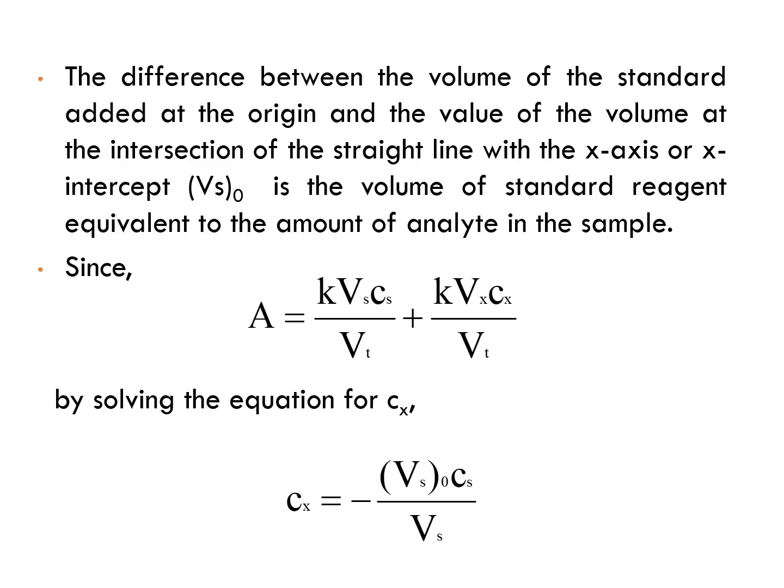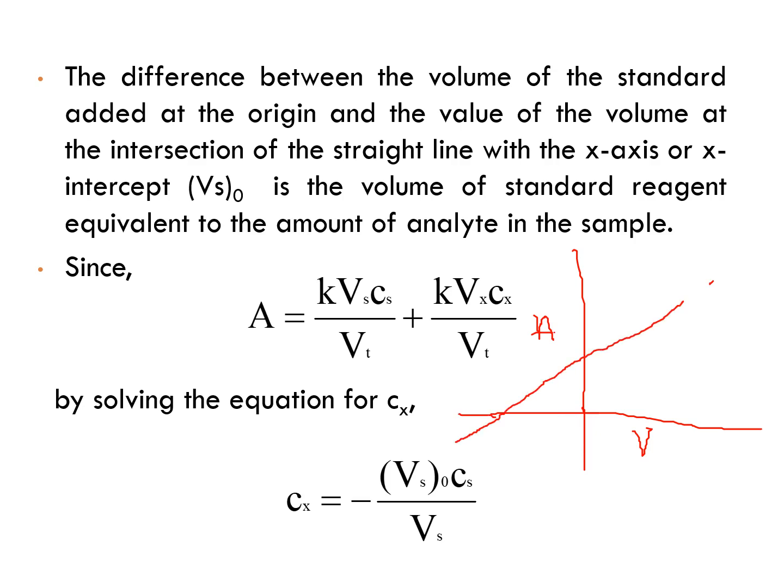Okay, then another thing ni adalah untuk multiple addition technique method. Untuk multiple addition, this one volume of standard, this one is absorbent. So kita tahu kita tambah standard tu berapa and absorbent tu berapa. So kita boleh plot the graph macam ni.